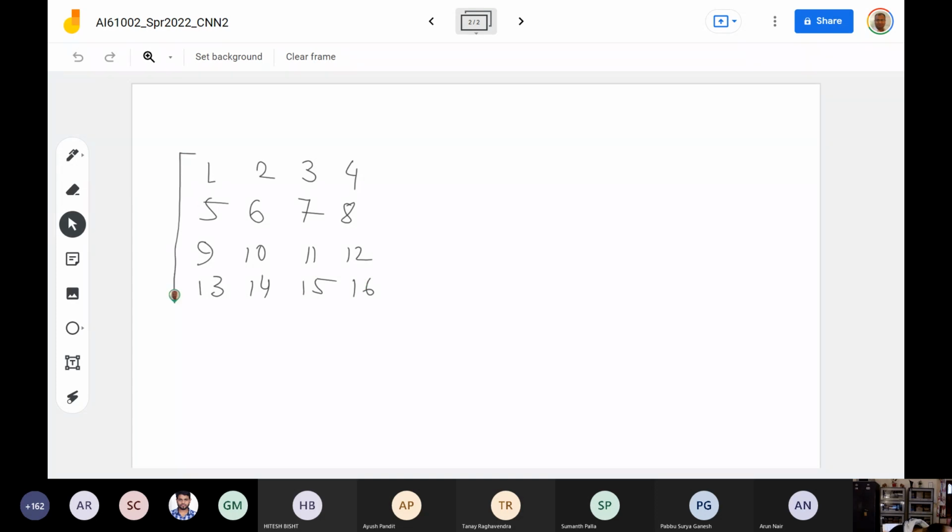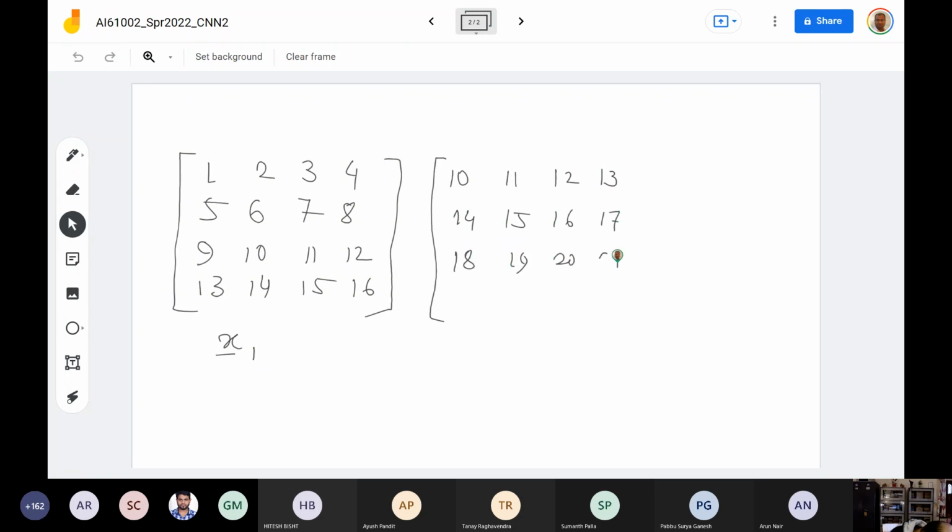This is the first channel of X. And say 10, 11, 12, 13, 14, 15, 16, 17, 18, 19, 20, 21, 22, 23, 24, 25.